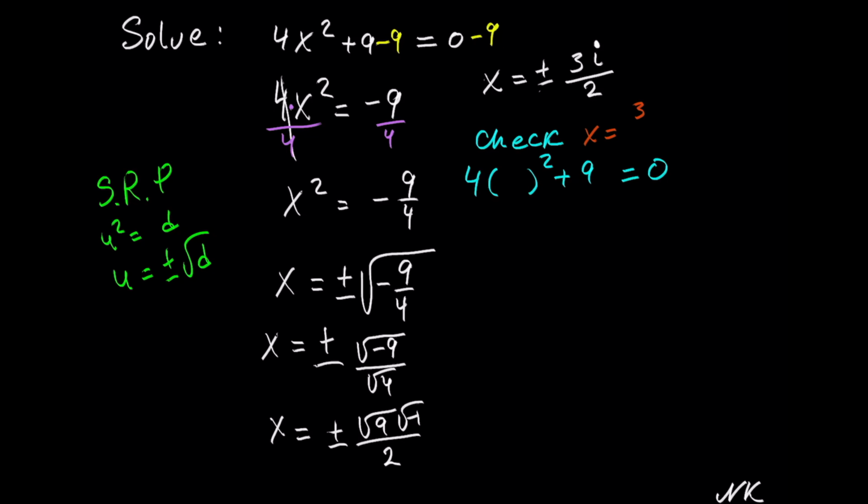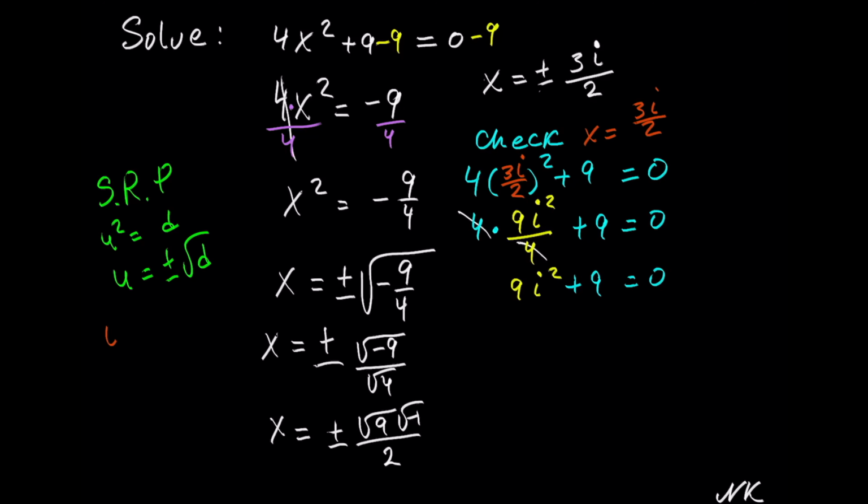This gives us 4 times 3i out of 2 times 3i out of 2 gives us 3 times 3 is 9. i times i is i to the second out of 2 times 2 is 4. So we have 4 times 9i squared out of 4 plus 9 has to be equal to 0. 4 out of 4 cancel into 1 and we get 9i squared plus 9 has to be equal to 0.